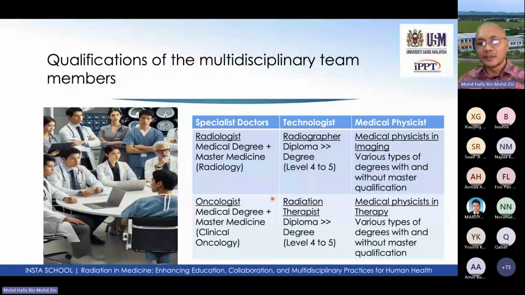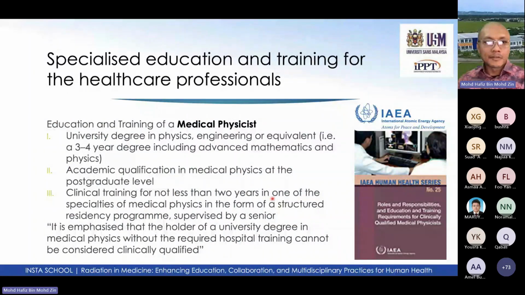So this is another important aspect that we have to ensure being set up in the country. So for example, for a physicist, they will need a degree in physics or engineering, and then a postgraduate degree in medical physics, followed by clinical training to ensure that they can perform the clinical roles safely in the hospital.